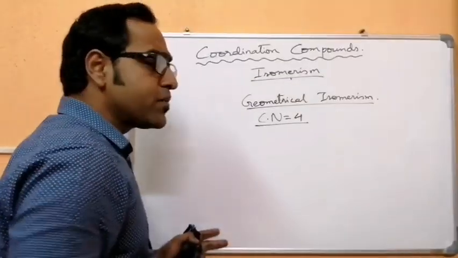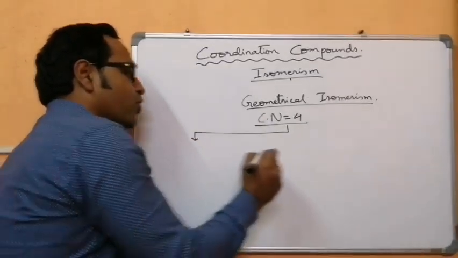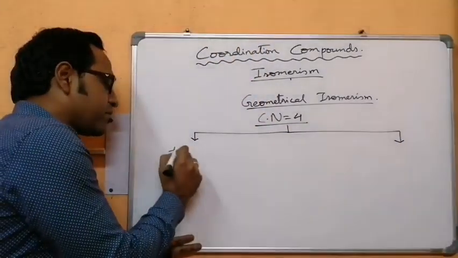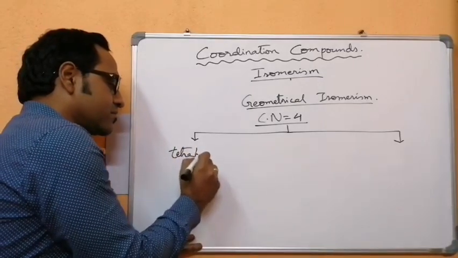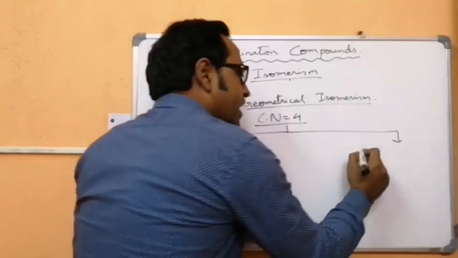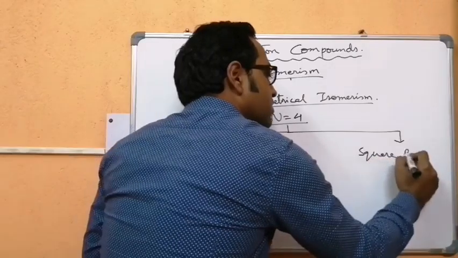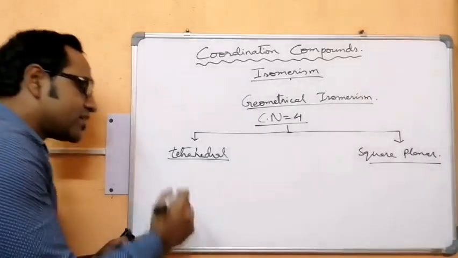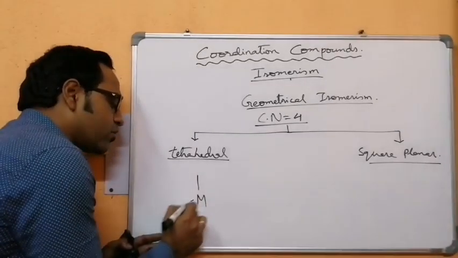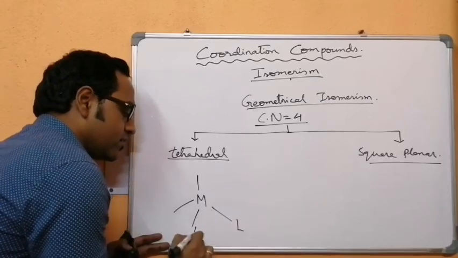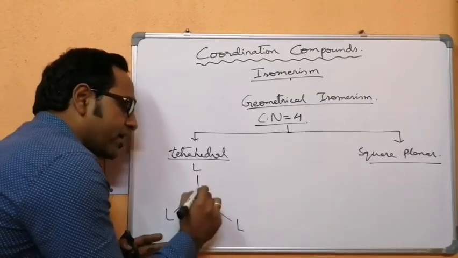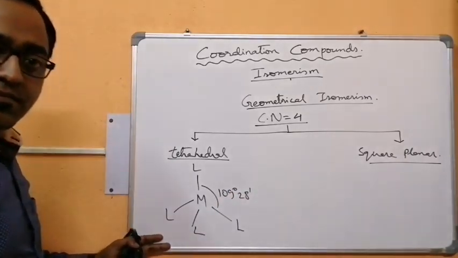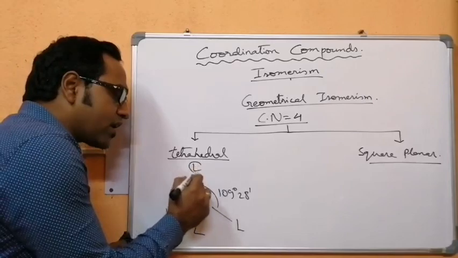Now under coordination number 4, two types of structure are possible. The structure can be tetrahedral or it can be square planar. In tetrahedral, the metal is surrounded by ligands and the bond angle is 109 degree 28 minutes.